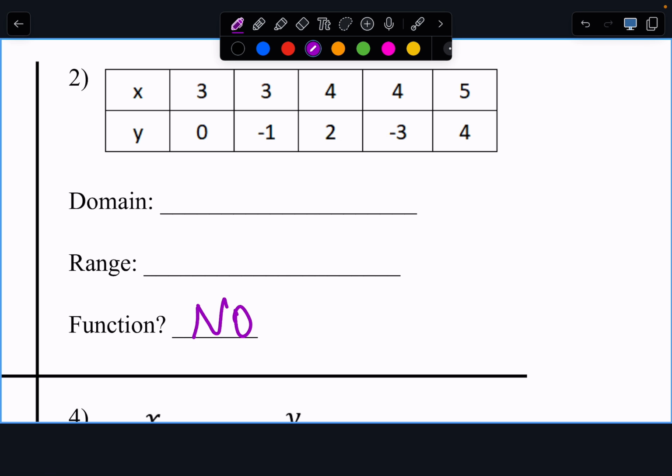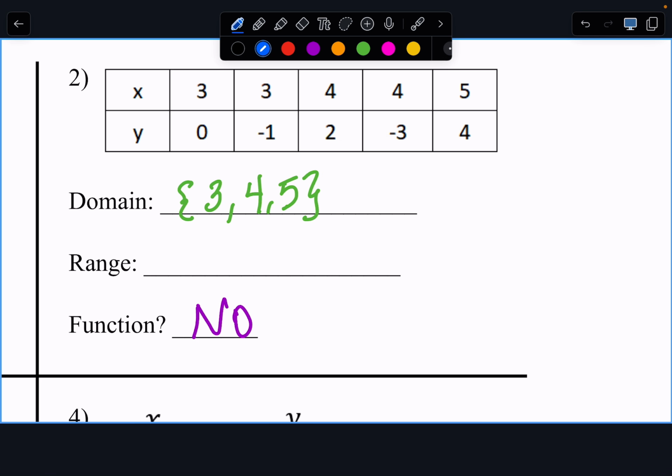Okay, now our domain. What are our inputs? 3, 4, 5. You don't have to put them in order, but it's going to be easier. It's organized nicer, and it's easier for me to grade.